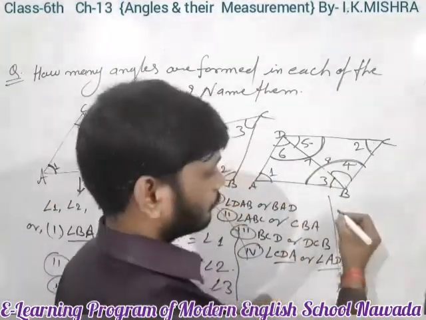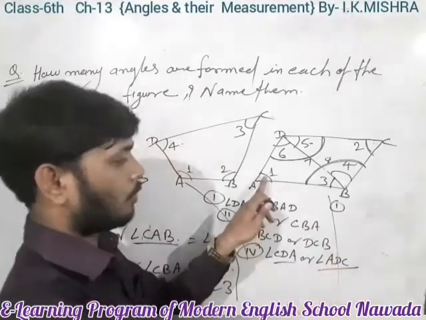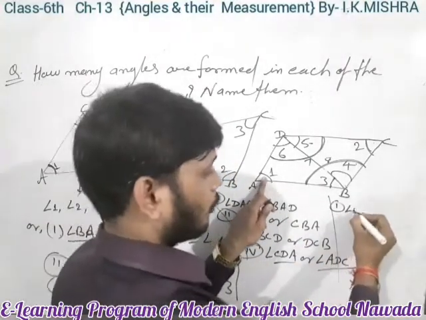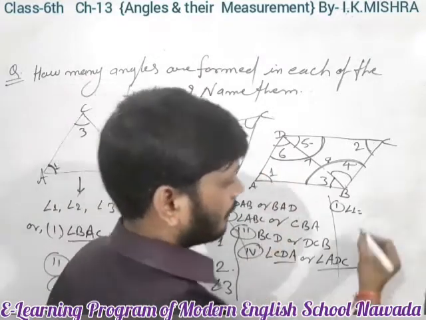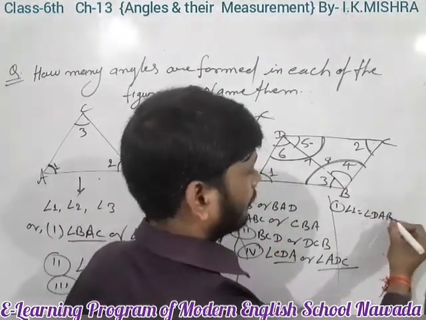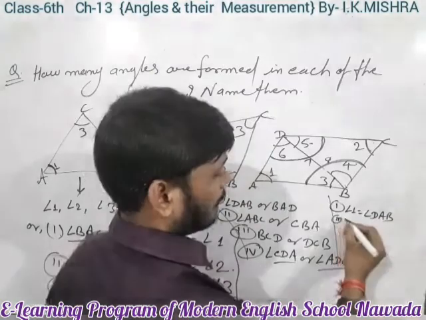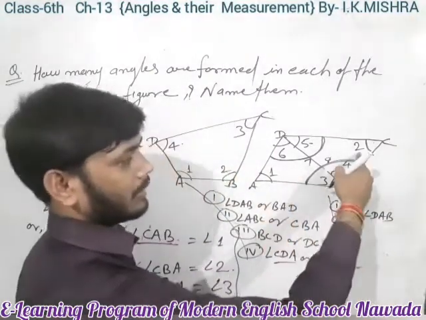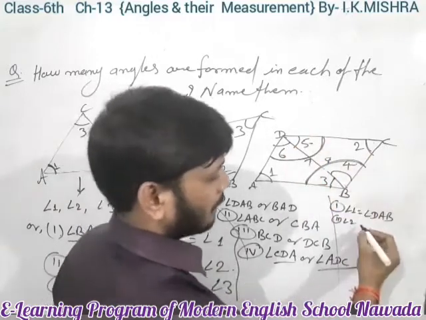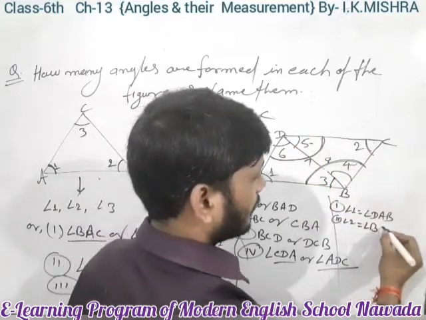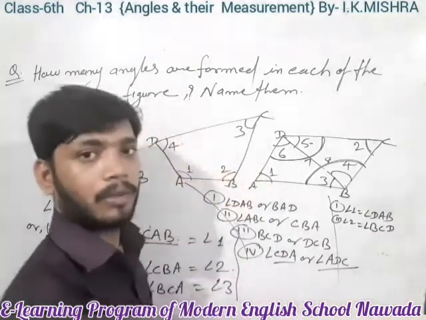Here, number 1, angle 1 is equal to angle DAB. Angle 2 means this, and you can write BCD or DCB. So write angle BCD. Clear, students?